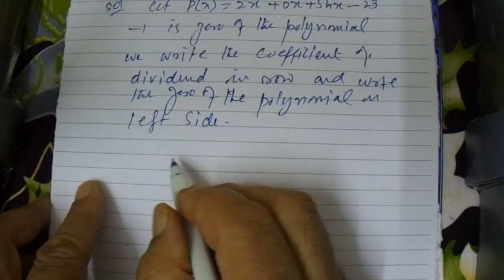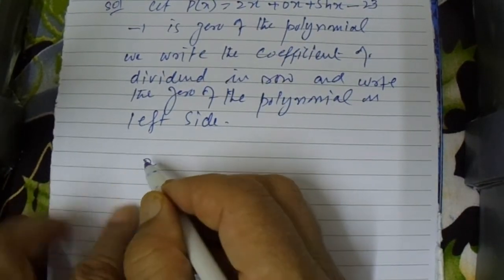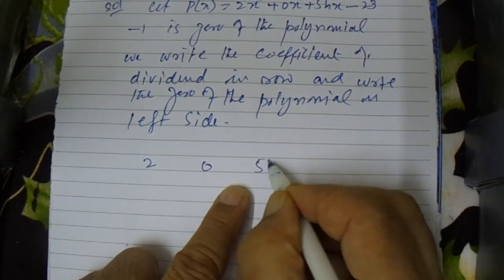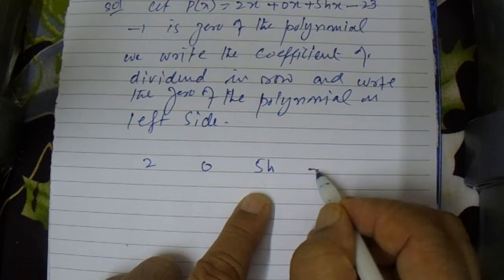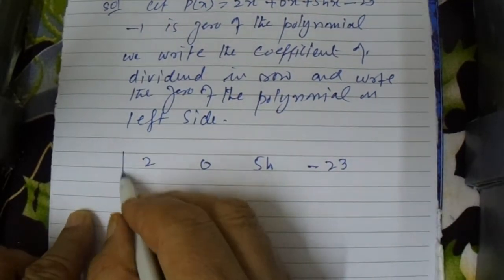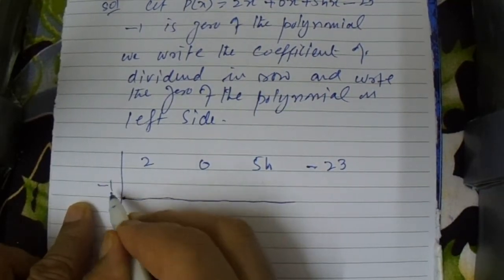The coefficient of x³ is 2, x² is 0, x is 5h, and the constant term is minus 23. And we write the zero of the polynomial, minus 1, here.